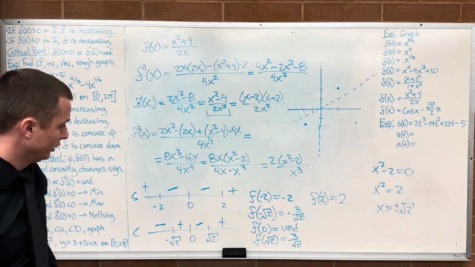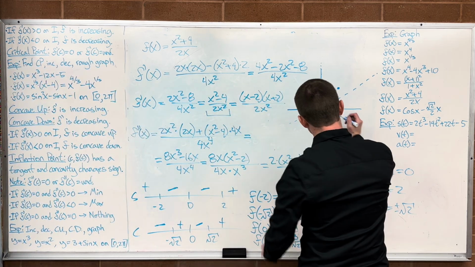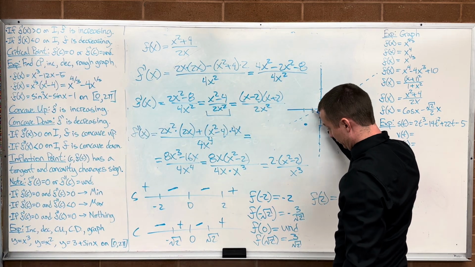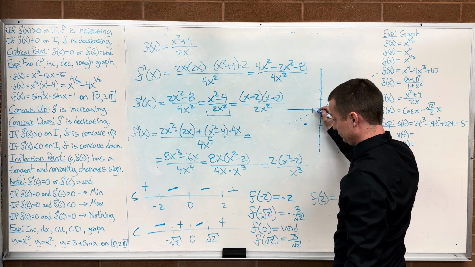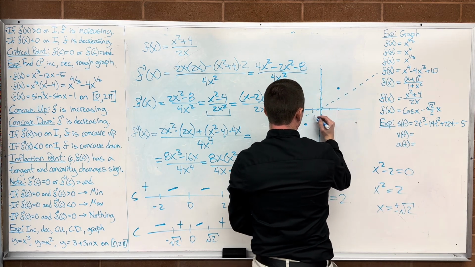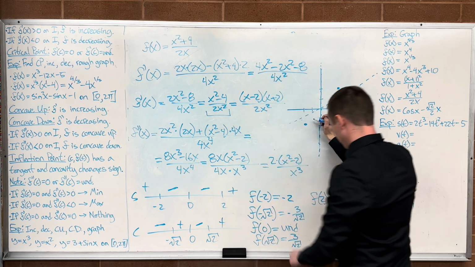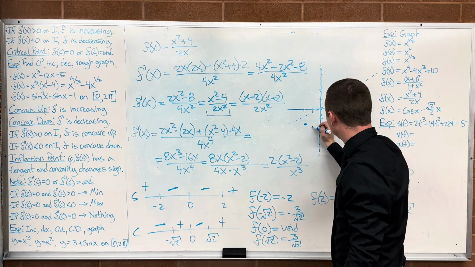Our points of inflection happen at negative square root of 2, where we're at negative 3 over the square root of 2. So that's going to be, how big would that be roughly? That's going to be smaller than 2, right? That's going to be like right here.